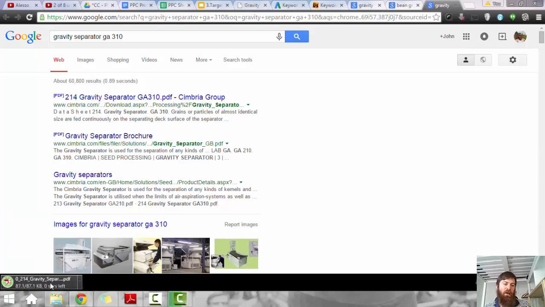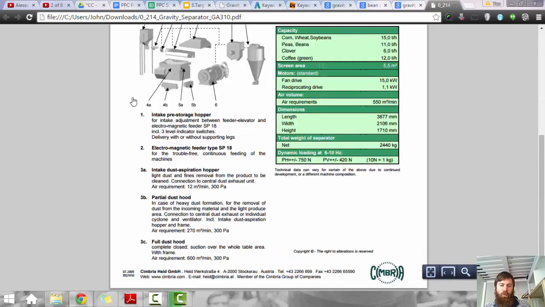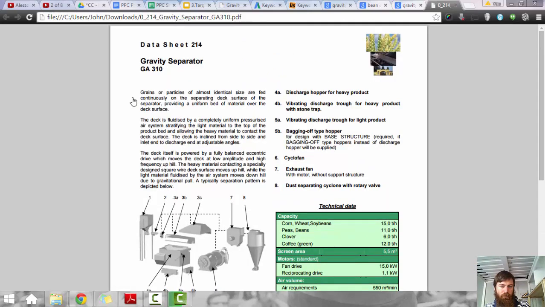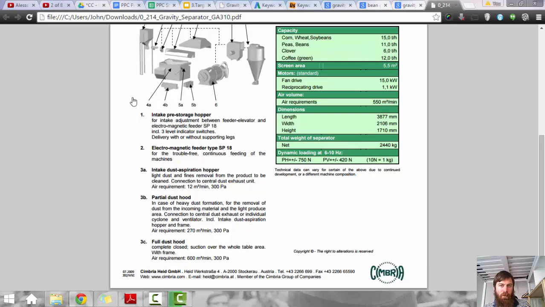So if we can get an idea of the actual code, the SKU number, for all the different competitor gravity separators, it'll help us out a lot. Looking at this, it could give us keywords. Capacity, it does. We're seeing what it sorts: corn, wheat, soybeans, peas, beans, clover, coffee. The company's based in Austria, Cimbria.